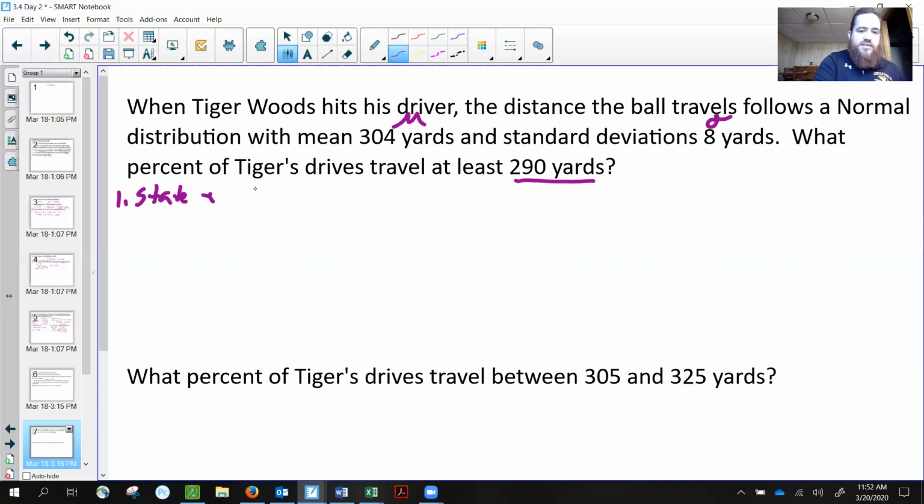So x is the distance ball travels of our drive.